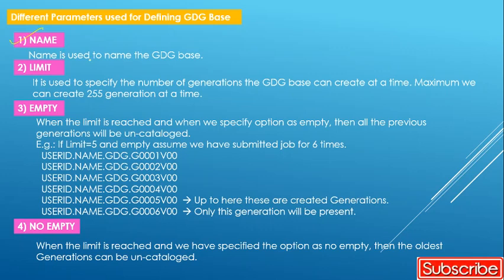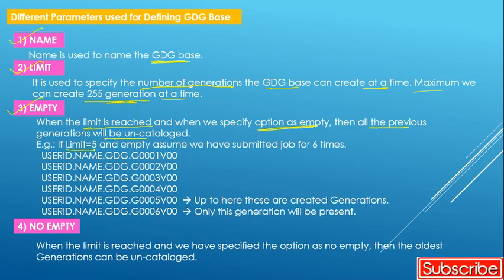Like first is NAME. Name is used to name the GDG base, and LIMIT. It specifies the number of generations the GDG base can hold at a time. Maximum we can create up to 255 generations at a time. And the third parameter is EMPTY. When the limit is reached and we specify the option as EMPTY, then all the previous generations will be uncataloged.